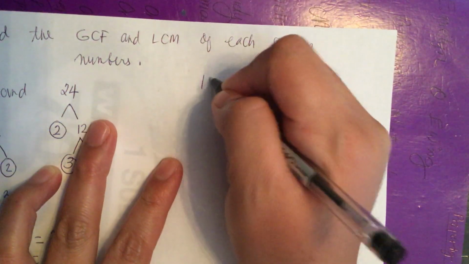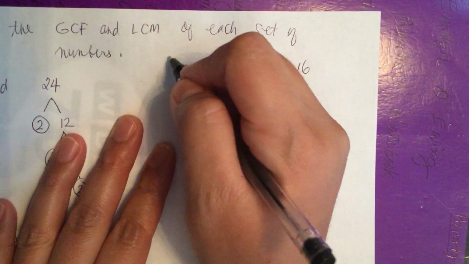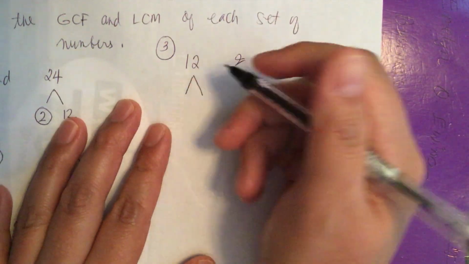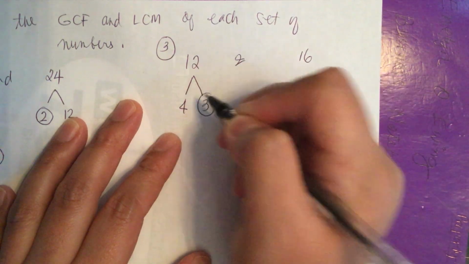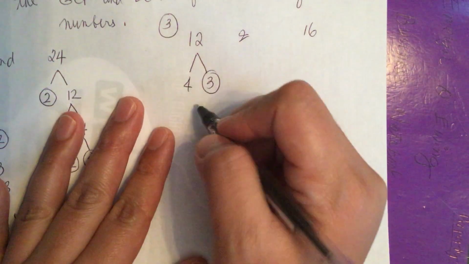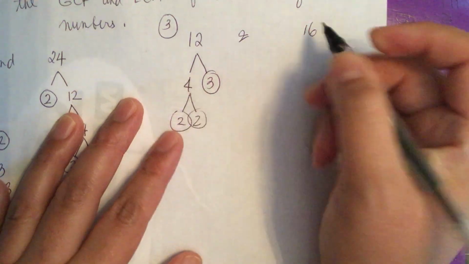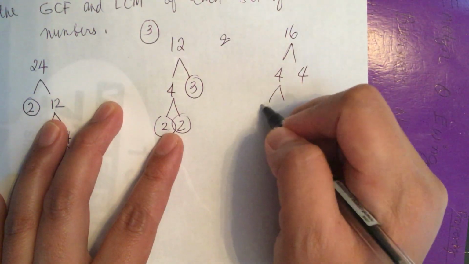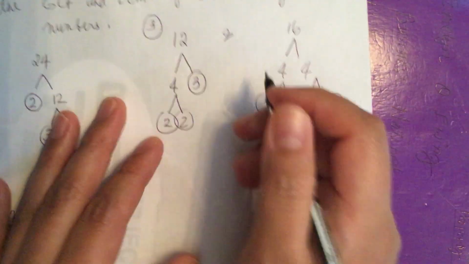So we have 12 and 16. For 12, we do the prime factorization. 12 is 4 times 3, and when it's prime, I just put a circle on it. 2 times 2 is 4. 16 is 4 times 4, and this is 2 and 2, and this is also 2 and 2.